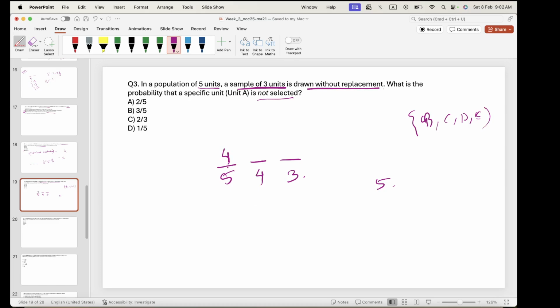So this is 4 by 5. Once I have one of them occupying this spot, then I have the remaining 3 people competing for this spot. And then once I have that, I would have 2 people to choose from 3. So the final probability will be 2 by 5.